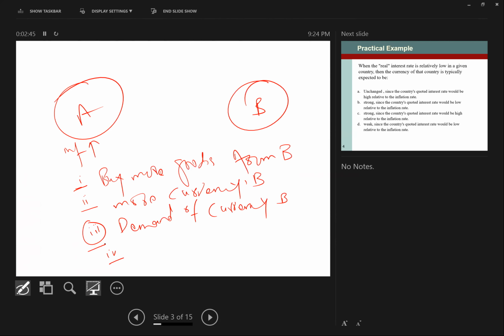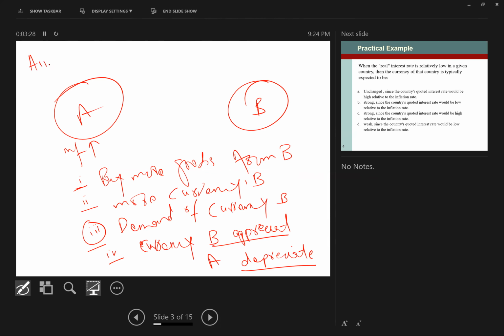So currency B will appreciate, and currency A will depreciate.